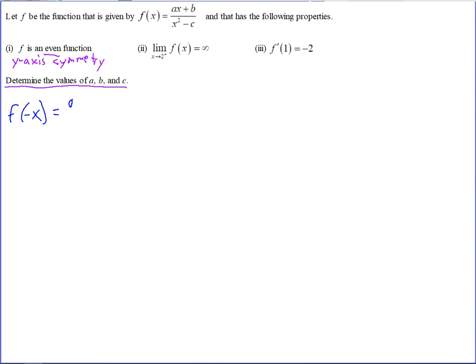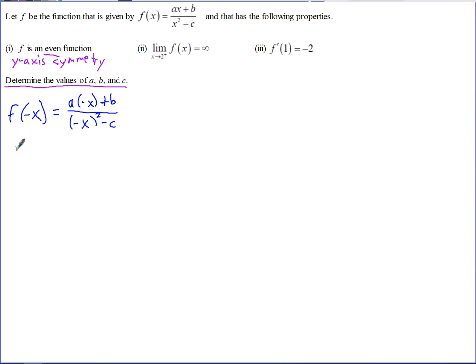So this would be a times negative x plus b over negative x squared minus c. And in order for it to be even, to be symmetrical with the y-axis, it has to give you an expression that's equivalent to the original f of x.